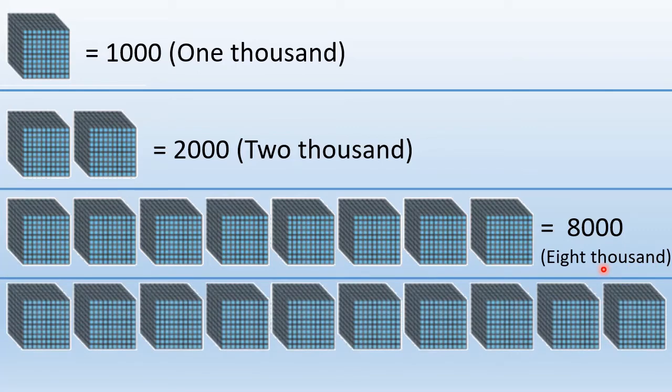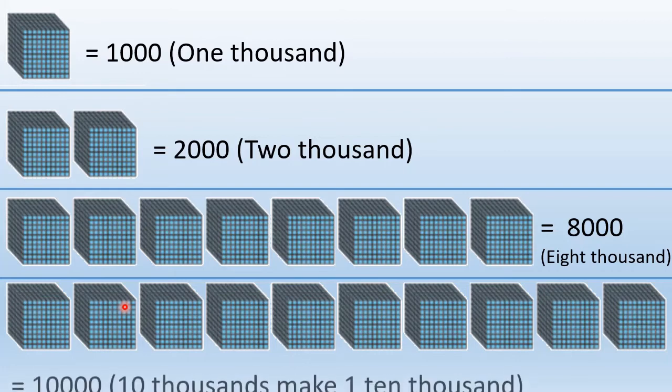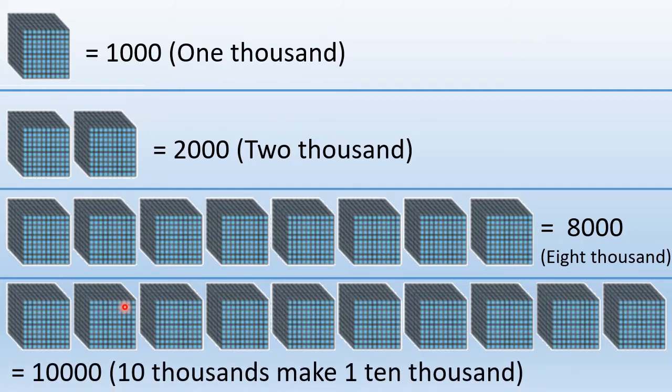Further, how many blocks are here? Let us count the number of blocks here: 1, 2, 3, 4, 5, 6, 7, 8, 9, 10. Here we have 10 blocks of beads. What is the number represented by these 10 blocks of beads? The number is 10,000. That is, 10 thousands make 10,000.